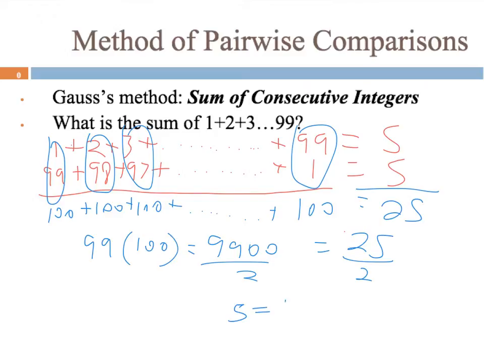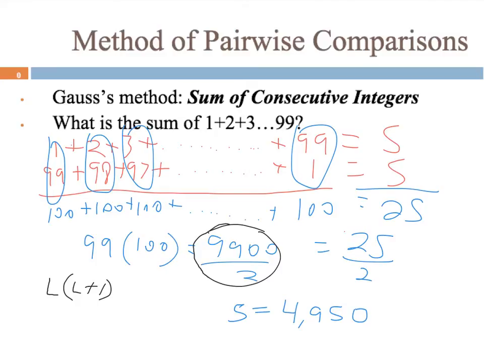And that sum is going to be 4,950. So the formula for this is going to end up being your L, the number of integers, times L plus 1, because, and I'm looking at this, right?